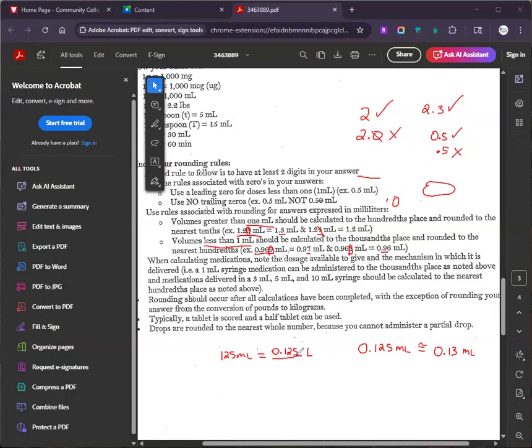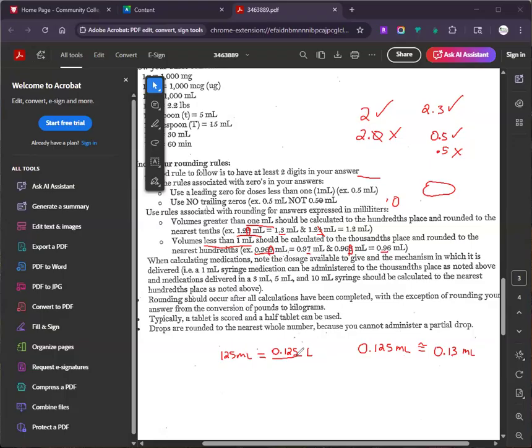Not every answer. In fact, most answers probably won't need to be rounded. If you're just doing a unit to unit conversion, milliliters to liters, milligrams to grams, micrograms to milligrams, do not round your answer. Whatever it is, leave it alone. And like I said, I'll show you an example of that. Okay.